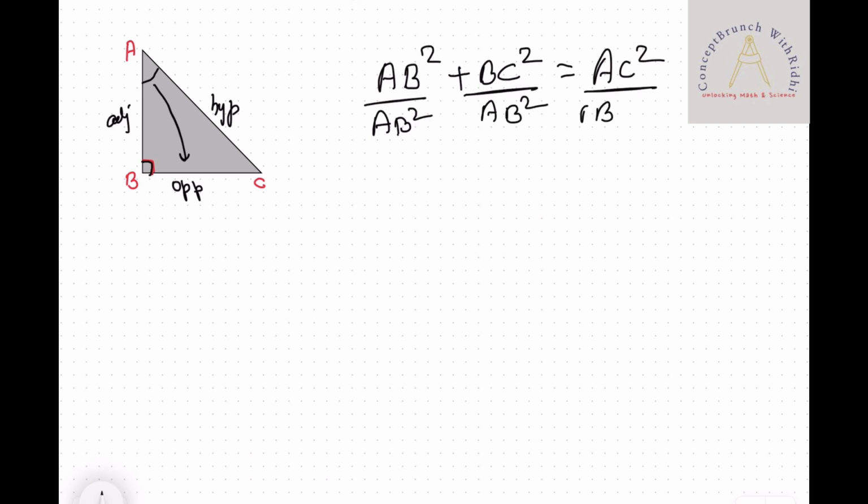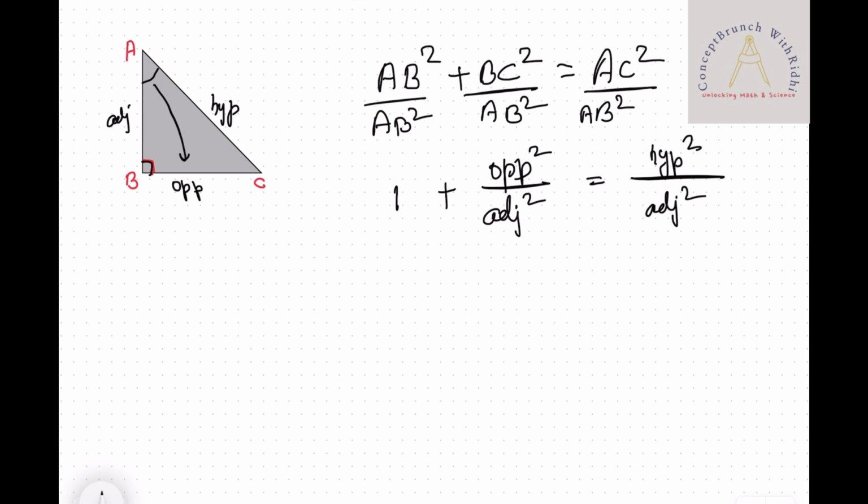Obviously this is going to be 1. BC, that is opposite, and AB is adjacent, so opposite square, sorry, adjacent square, is equal to AC, that is your hypotenuse square, divided by AB, that is your adjacent square, right? If you recall my previous video, I have told all the values.